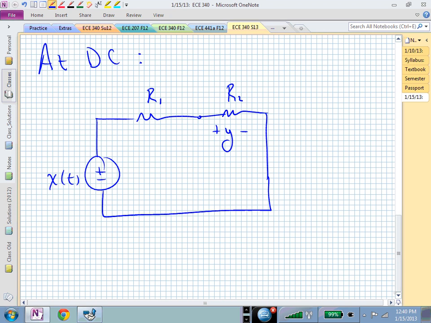And now we simply have, if everything's DC, this is just a voltage divider. So we just have some fractional relationship between the input and the output.